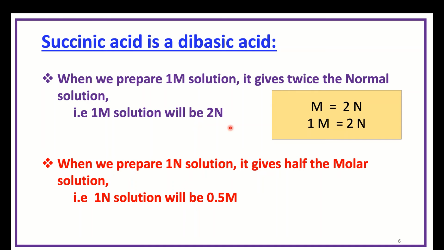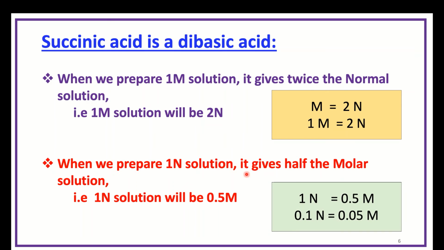Similarly, if the solution prepared is 1 normal, because we are using equivalent weight, in terms of molarity it will be half the molar. If it is 0.1 normal succinic acid, its molarity will be half of that, because succinic acid is dibasic.